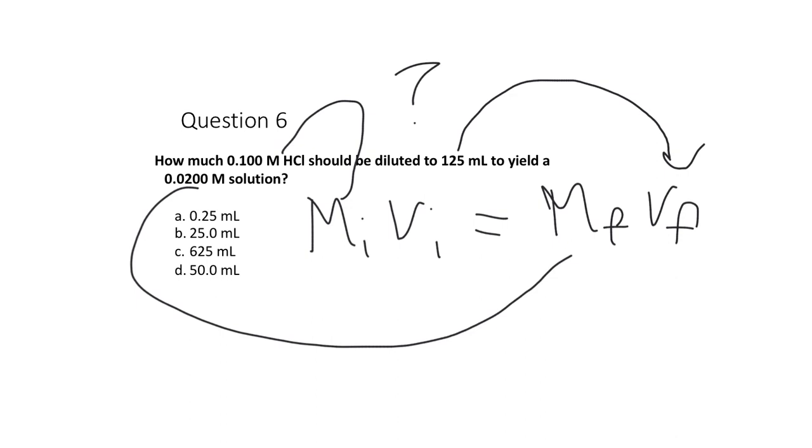What do we want our initial volume to be? Well, we just do 0.02 times 125 divided by 0.1, which would be 25 mL. Answer B.